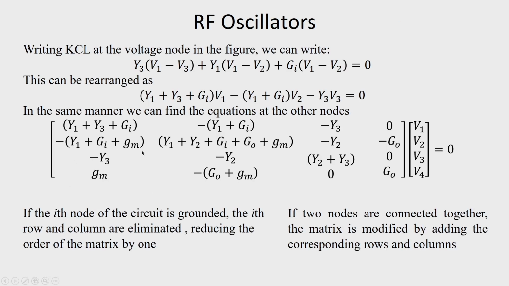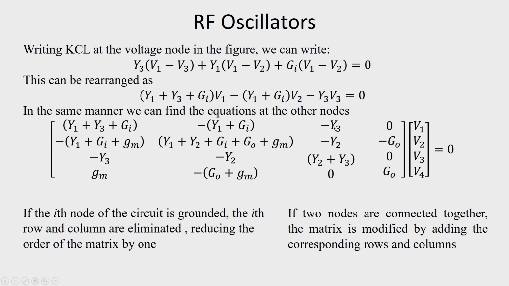So, if we now refer to this matrix, when V2 equal to 0, this second row and this column will be eliminated, and when the nodes 3 and 4 are connected together, and also we have G naught equal to 0, then if we add these rows and columns, essentially these values will not change.